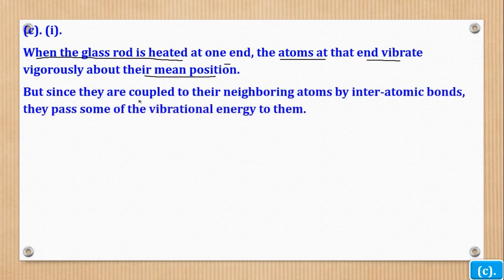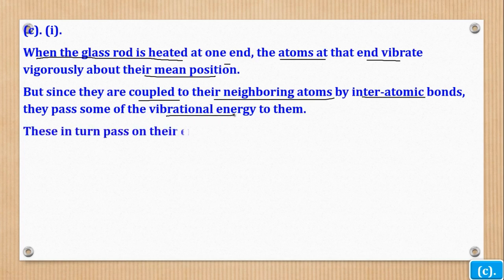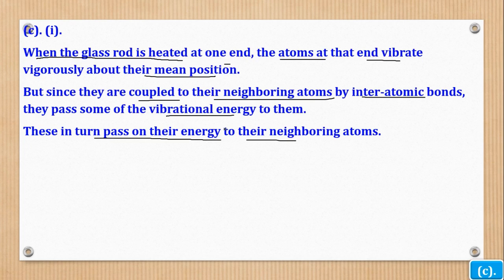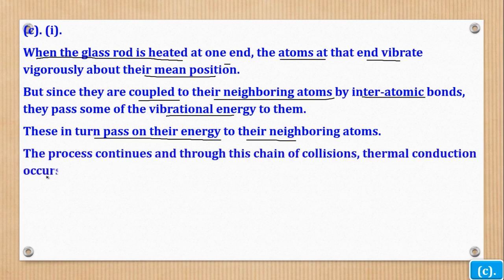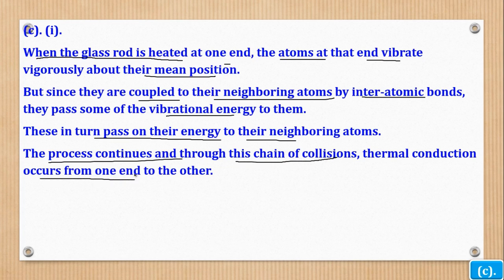But since they are coupled to their neighboring atoms by interatomic bonds, they pass some of the vibrational energy to them. These in turn pass on their energy to their neighboring atoms. The process continues, and through this chain of collisions, thermal conduction occurs from one end to the other.